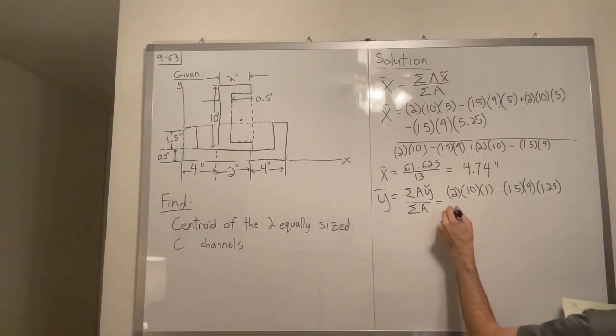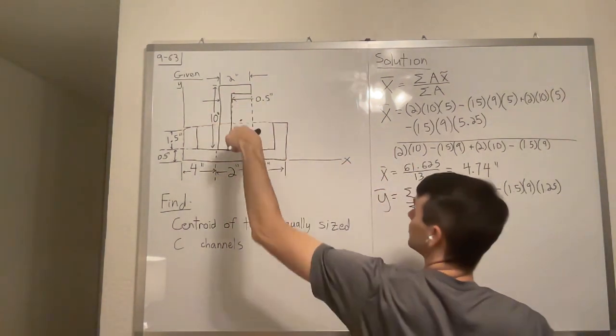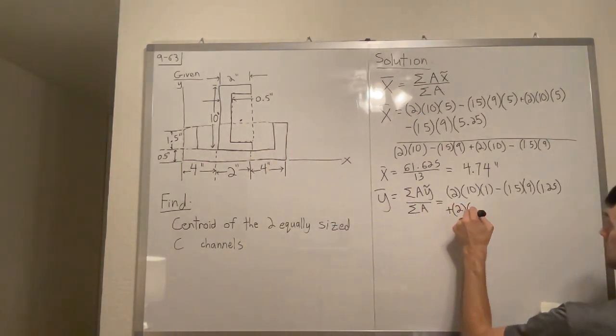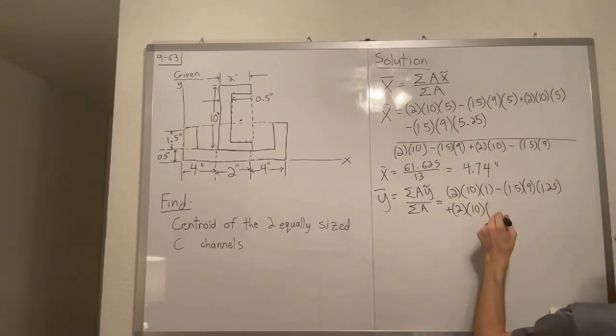and then plus, now we're looking at this big rectangle that we would have up there, 2 times 10 times its y bar, which is at 5.5, right?